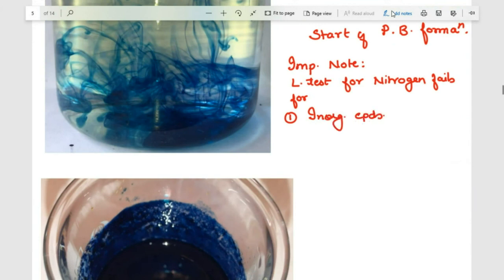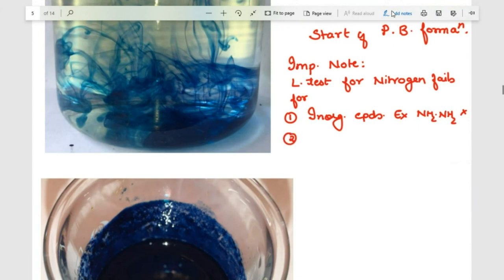If the compound does not have carbon in it, for example hydrazine, then it will fail. So it has to be an organic compound. That is step number 1.